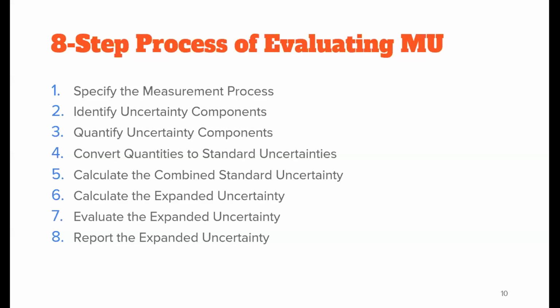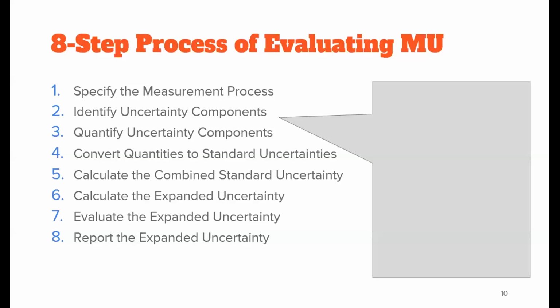Like I said, we're not going to go through each of these in detail here, but I do want to highlight that QC data comes in here in step 2, identifying the uncertainty components. Typically, the largest measurement uncertainty component we have is the reproducibility of the method. And reproducibility is described through the collection of repeat observations, mostly independent repeat observations, right?